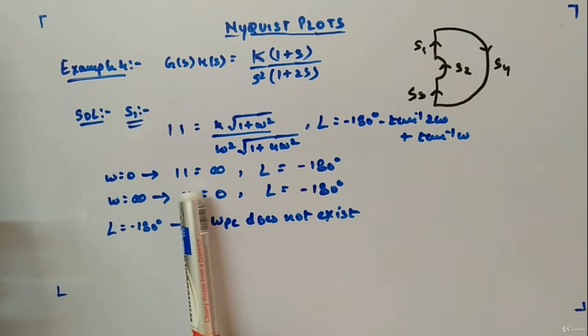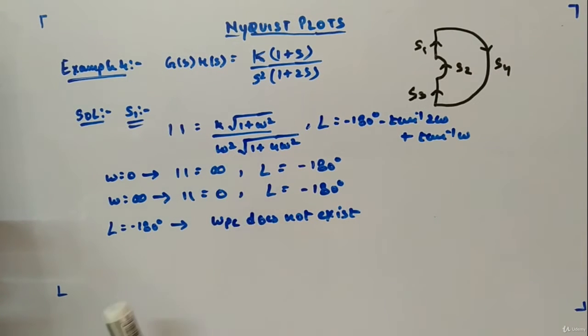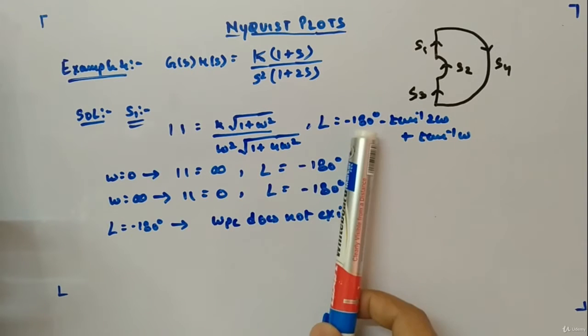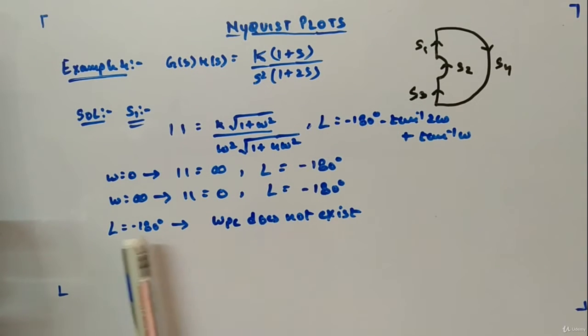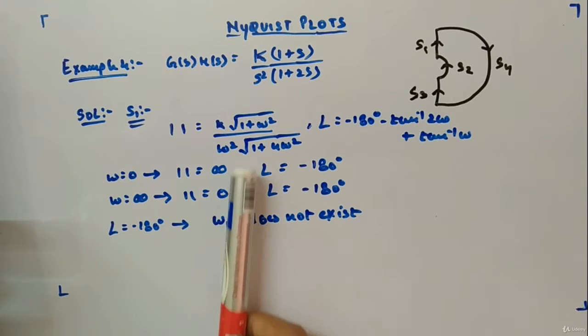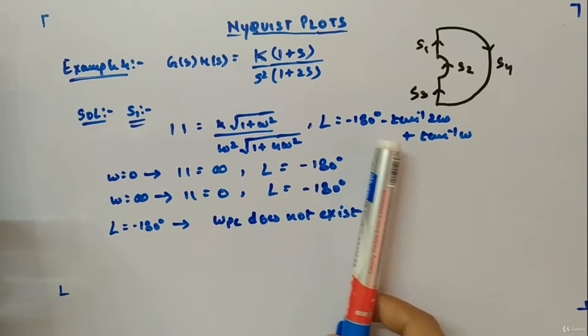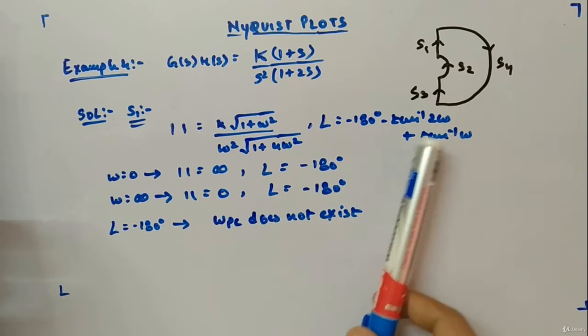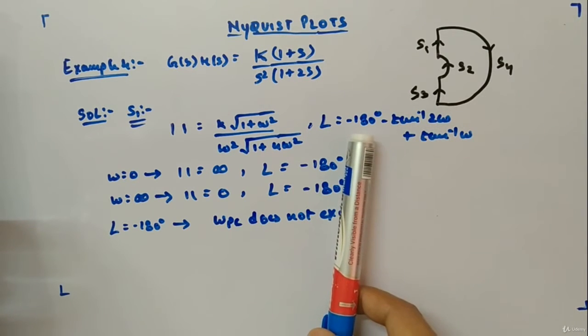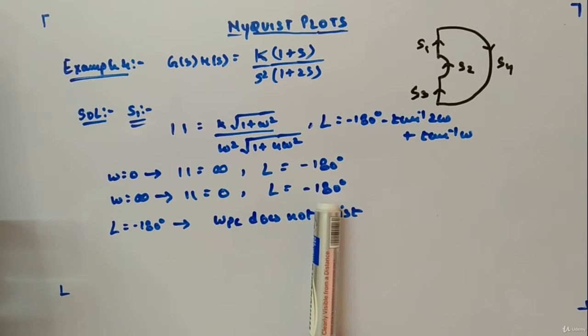Now at omega equal to 0, magnitude will be infinite because of this term, and the angle will be minus 180 degrees. At omega equal to infinity, magnitude will be 0, and the angle will be minus 180 plus 90 minus 90, which cancel, and minus 90, so it will be minus 180 degrees.